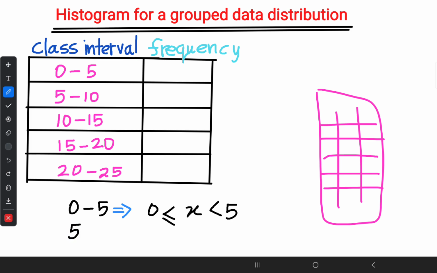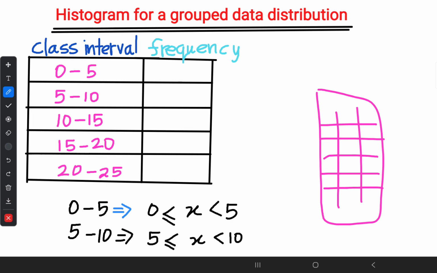Likewise, when you analyze the next frequency interval, 5 to 10 means 5 less than or equal to x, less than 10. In the 5 to 10 range, which aged people belong to this particular class interval? The people who have the exact age of 5, because in the inequality you can see an equal symbol as well.